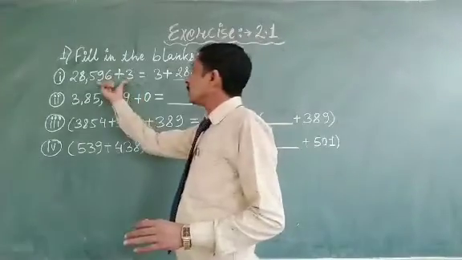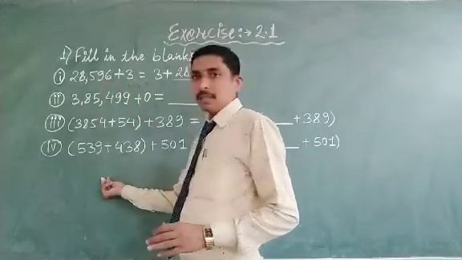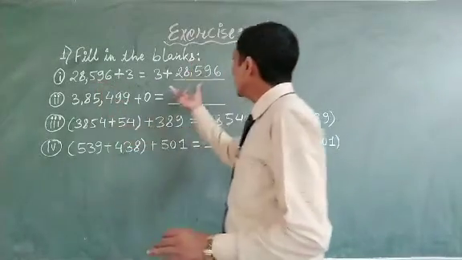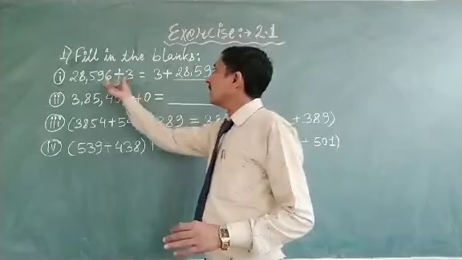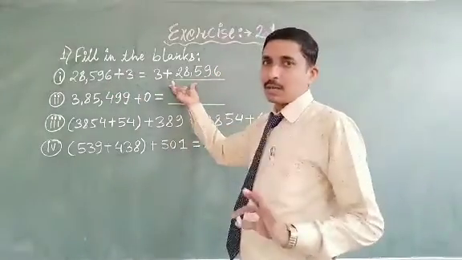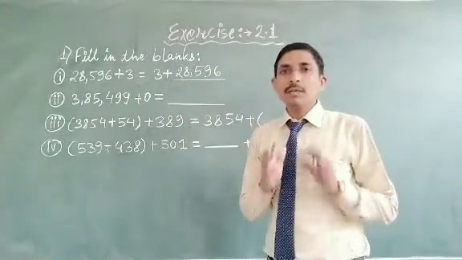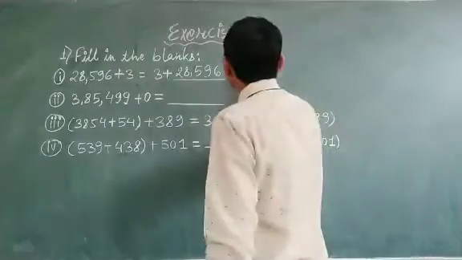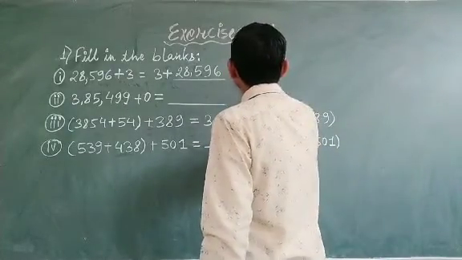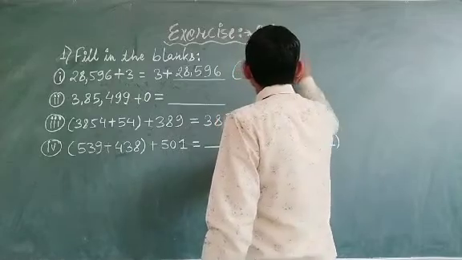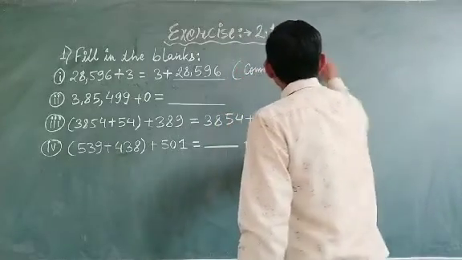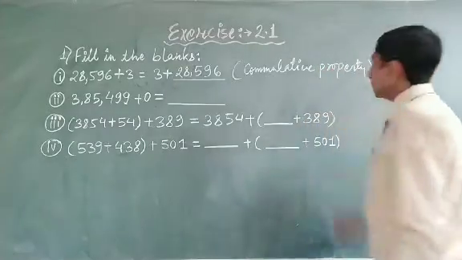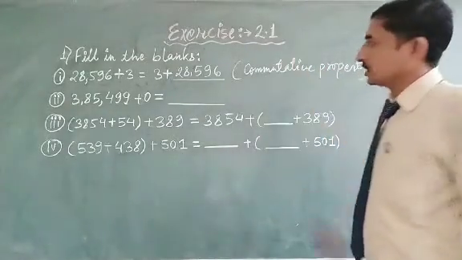If we add in this order or in this order, in whatever order, the result will always be the same. So this is our commutative property of addition.